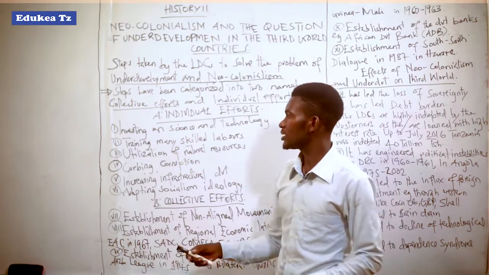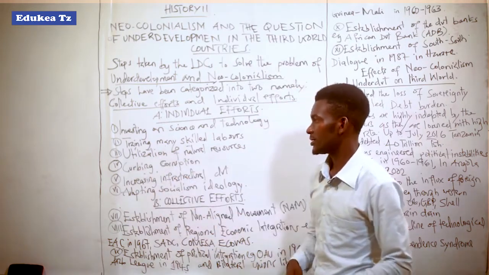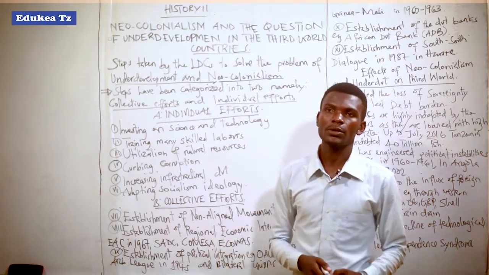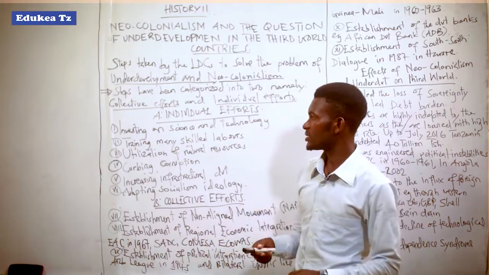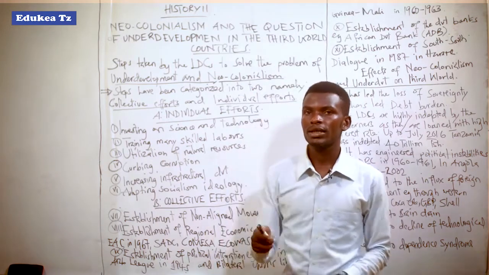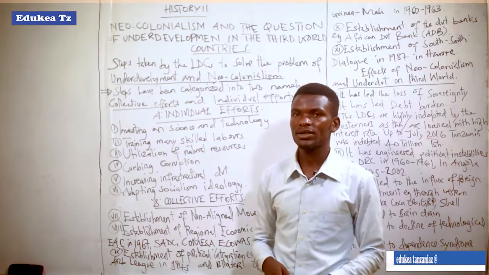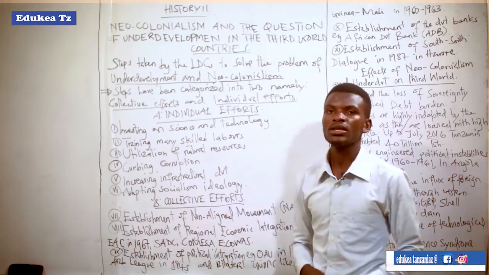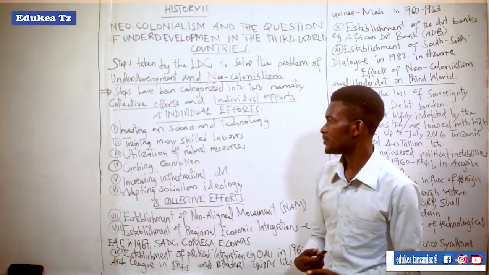Another step was training many skilled laborers. It means that the third world countries came to know that we have to invest in training many skilled laborers who will be able to be productive in different activities, so that production will increase maximally.